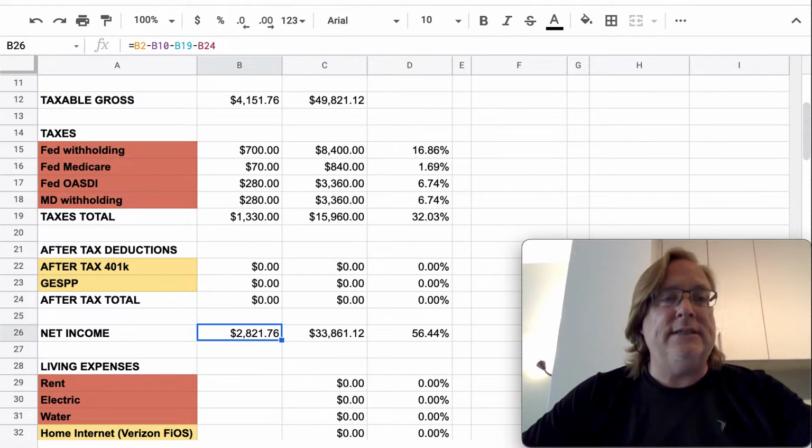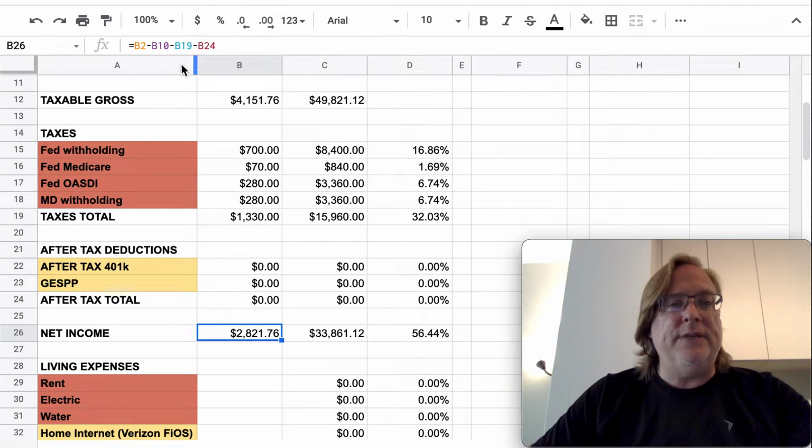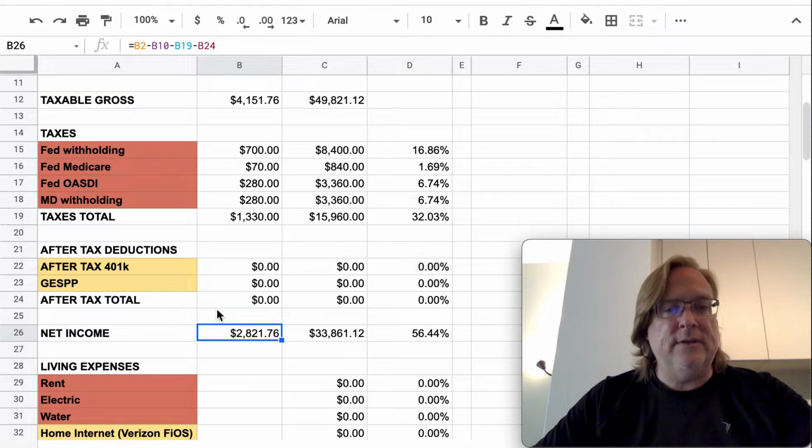So then the net income is just a series of subtractions. It would be B2, the gross, minus B10, the total for before tax deductions, minus B19, the taxes, minus B24 if there are any after tax totals.